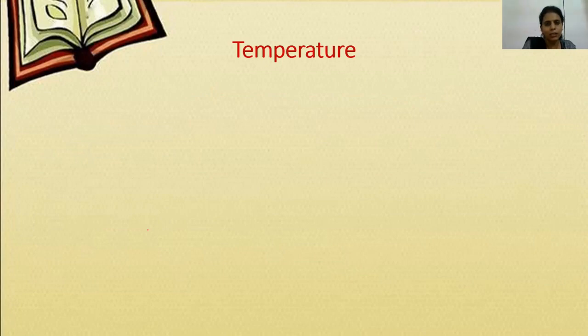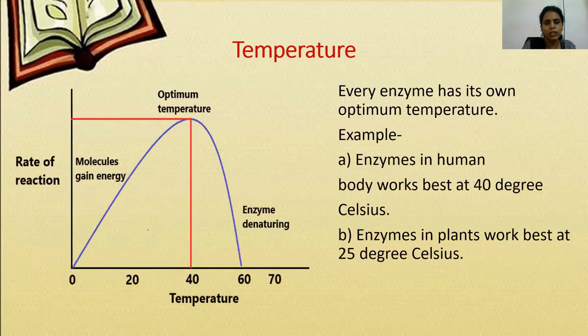In the last video itself, I told you that every enzyme is most active at its optimum temperature. For example, the internal body temperature of human beings is 37 degrees Celsius, but this is a little lower than the optimum temperature of the enzymes in the body.